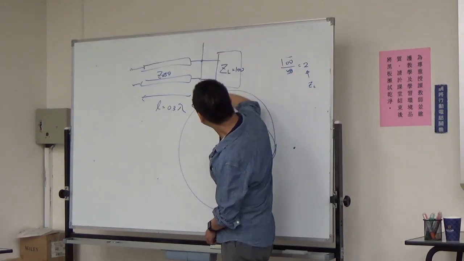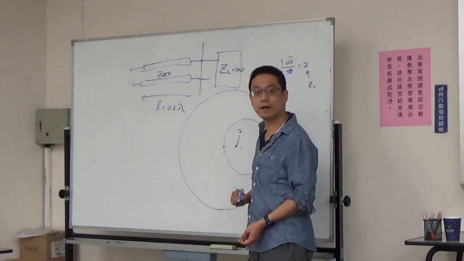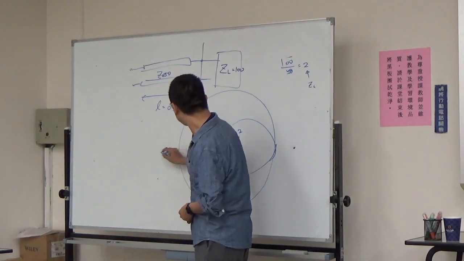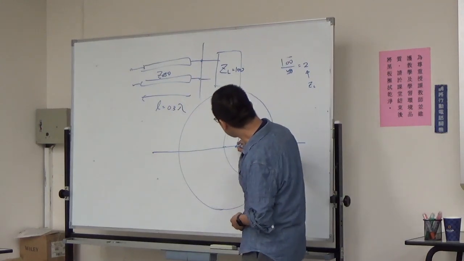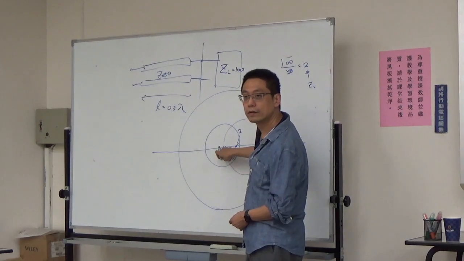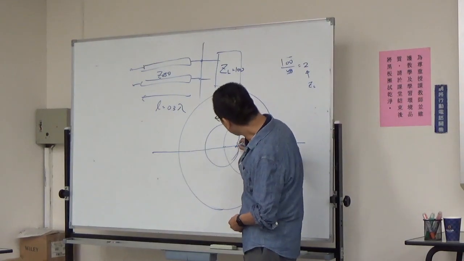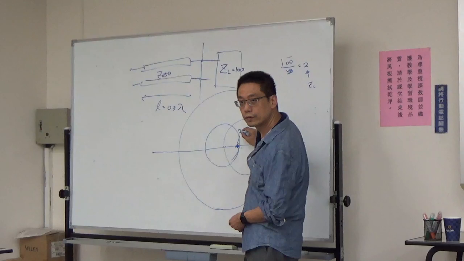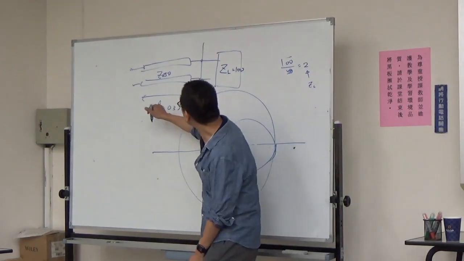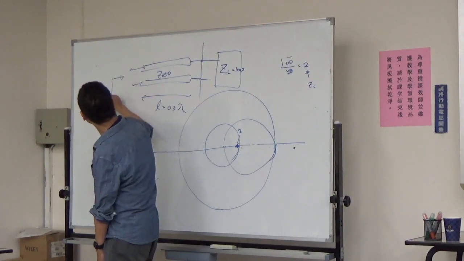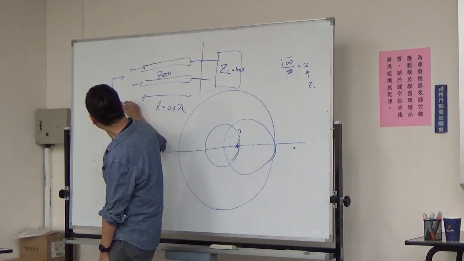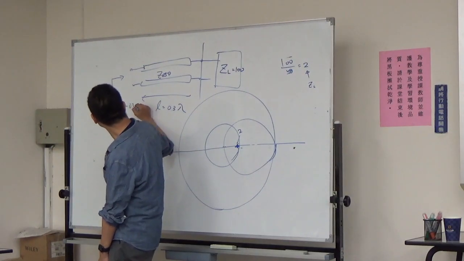This is here. For 0.3 lambda, I use the compass to draw a circle. Here it is 2. I find the location of Z in at L equals 0.3 lambda.